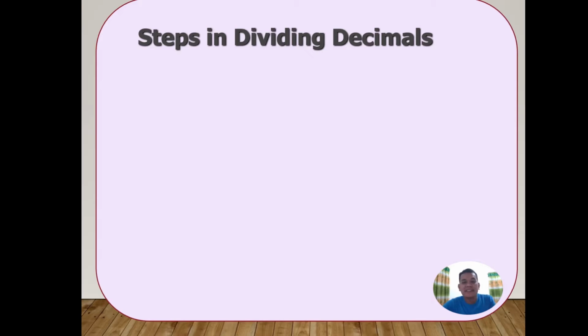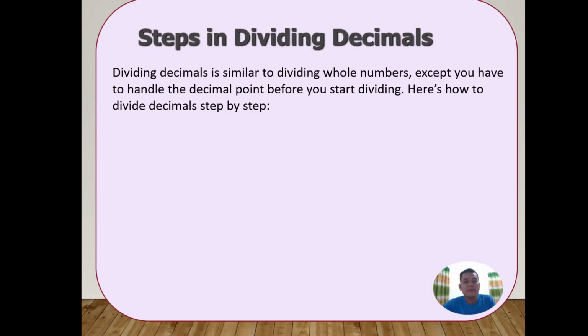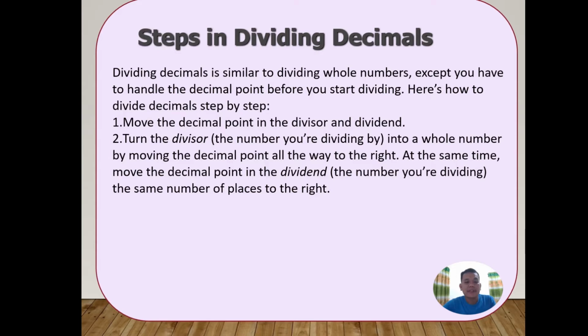And here are the steps in dividing decimals. Remember, dividing decimals is similar to dividing whole numbers, except you have to handle the decimal point before you start dividing. So here are the steps. First, move the decimal point in the divisor and in the dividend. Our goal here is stated in step 2.